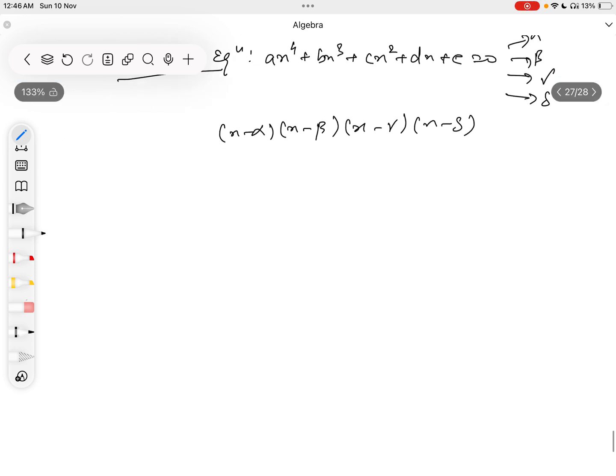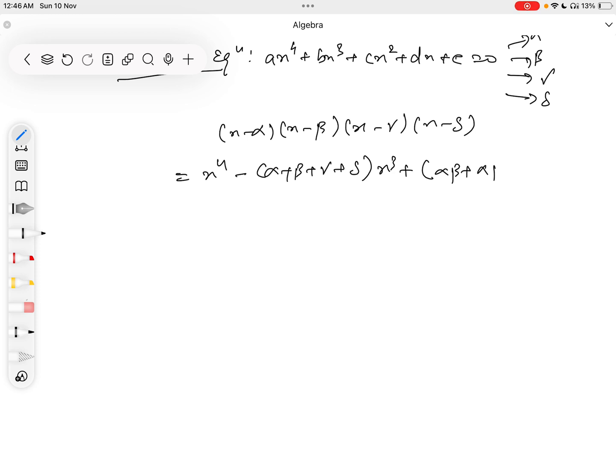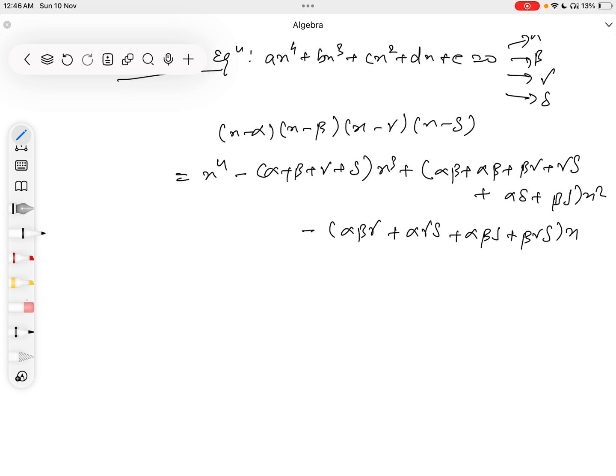And if you expand this, it would look something like this: sum of roots taken one at a time, then sum of roots taken two at a time, sum of roots taken three at a time, and at the last, product of the roots.